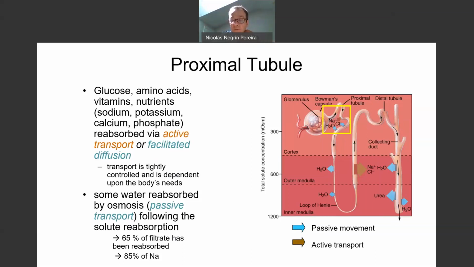As we will see, this gradient is key for understanding how urine is formed and how water is reabsorbed and some of the ions are excreted.